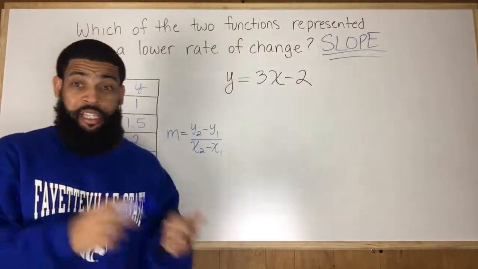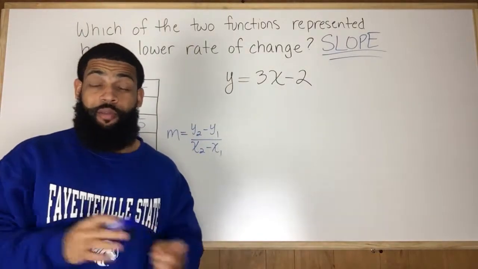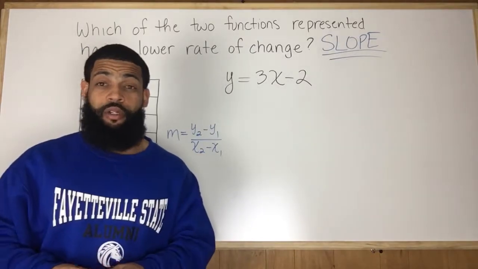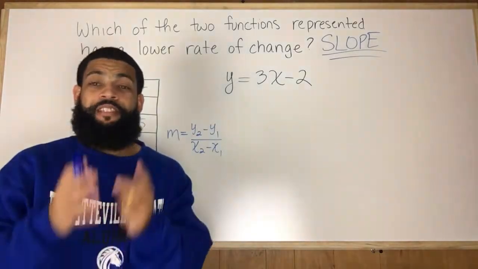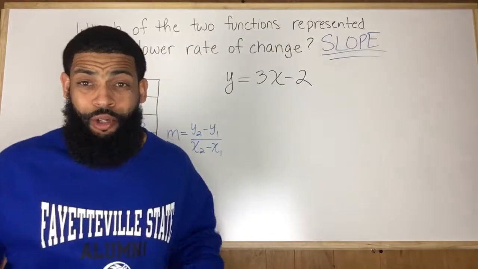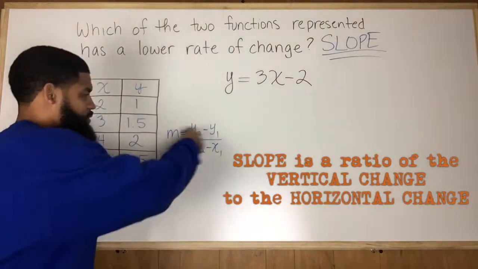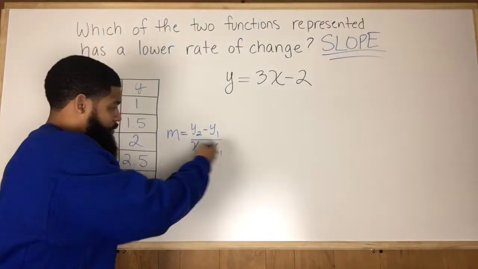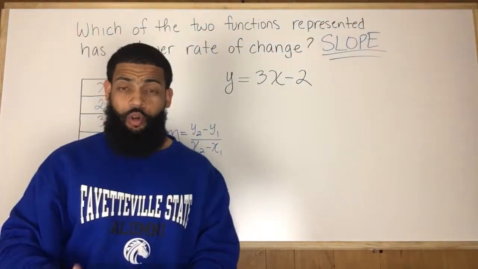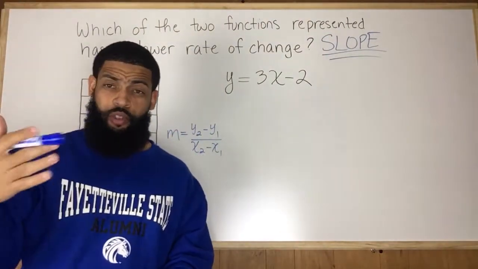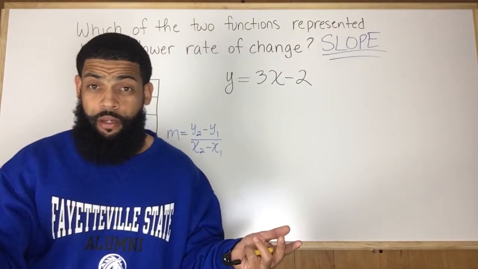Notice I didn't just say y2 minus y1 over x2 minus x1, because that's a formula, but it's important that you understand what's actually going on with it. It's the vertical change divided by the horizontal change, or a ratio of the vertical change to the horizontal change between two ordered pairs.